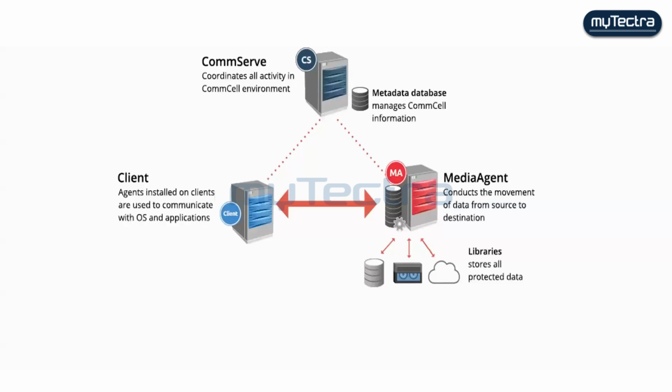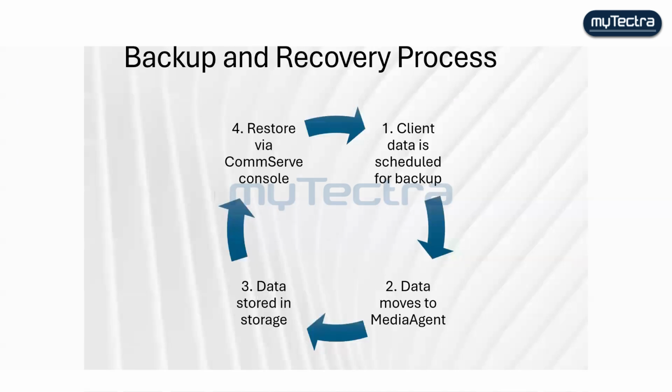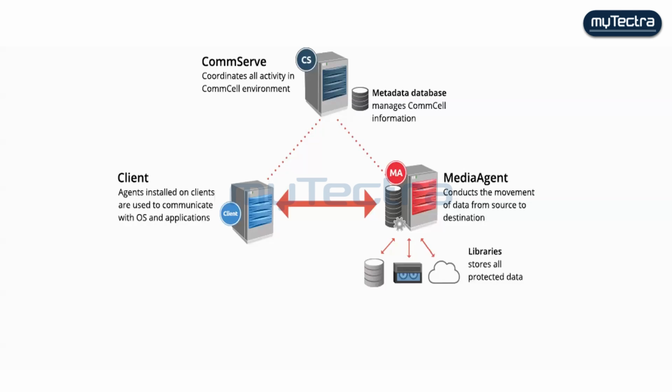Now I understood. Commserve is the heart, and even the media agent and client, all things are handled by Commserve only. Only the media agent is there to help Commserve in some ways. Am I right, ma'am? Yes, that is correct. So now you have understood how these are interconnected with each other, correct?